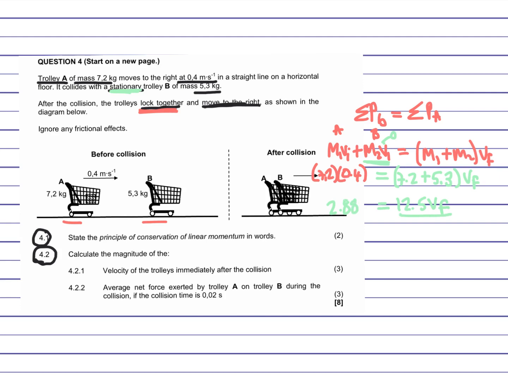Then we divide by 12.5 on both sides. This cancels that, and we have V final equals 2.88 divided by 12.5. Therefore, our V final is 0.23 meters per second, to the right.